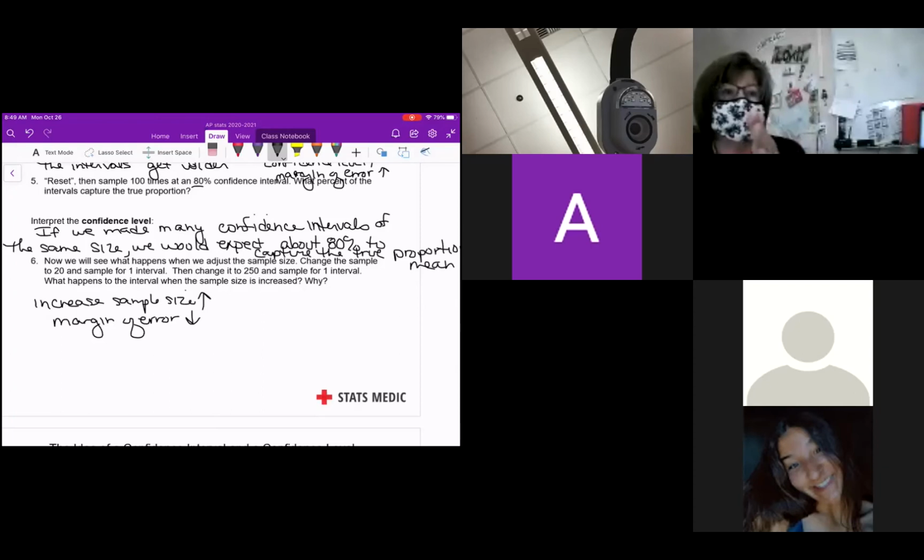You do want the smallest interval, because when they use these intervals, it's for deciding how many of something to buy. I don't want to overbuy, because then I'll spend extra money on things that I don't need, but I don't want to underpurchase either.